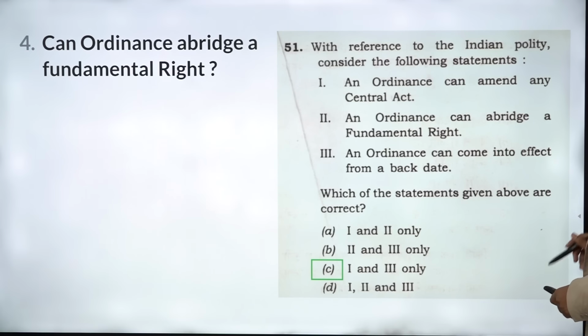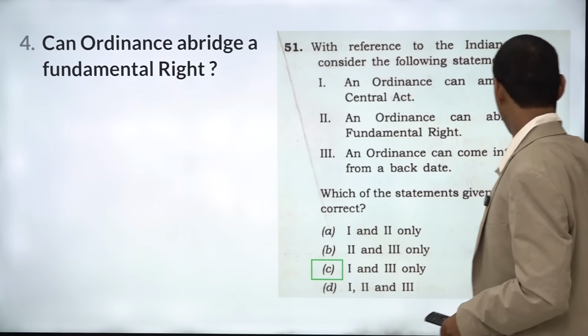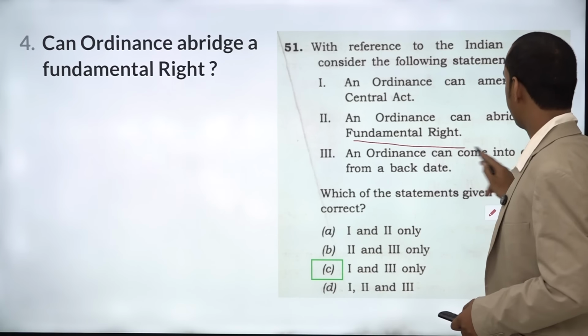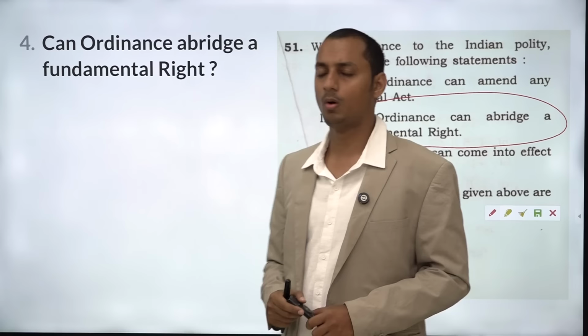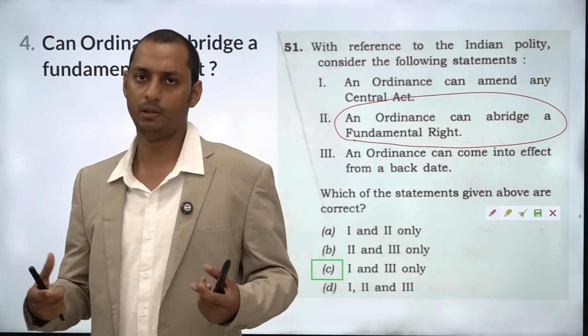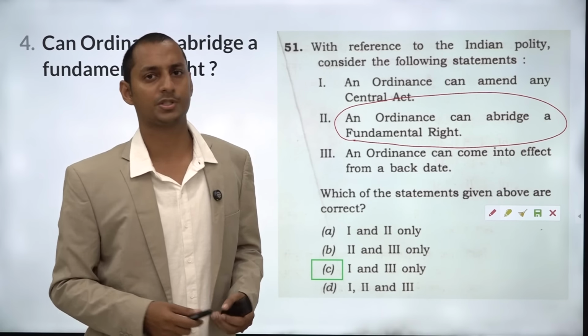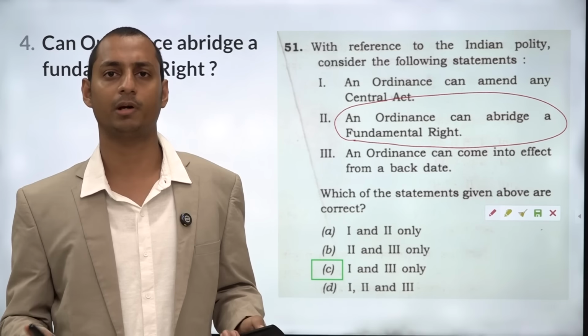Now, the fourth one. This is a very subjective statement, let me tell you. What is the confusion here? The confusion is that an ordinance can abridge a fundamental right. If we take it in the literal sense or in reality, just think about it. The president can bring an ordinance, or the union government can bring an ordinance which actually abrogates a fundamental right, right?